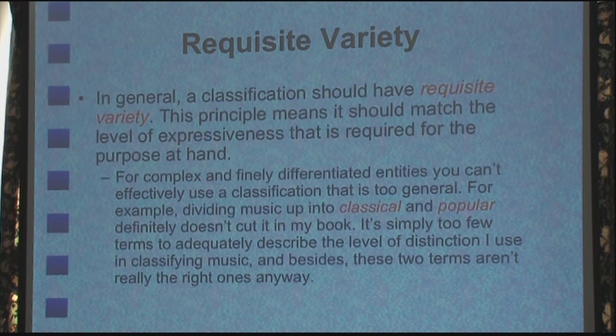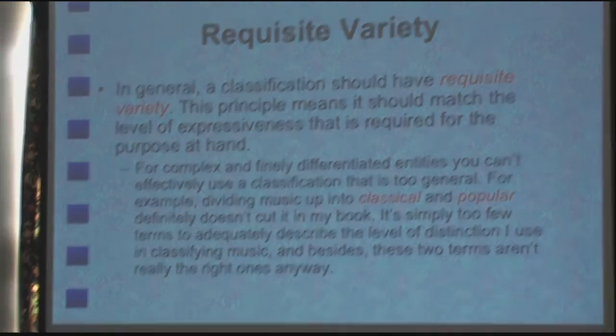So here's a concept called requisite variety, which is tied to expressiveness, which means that if you've got a phenomenon and it's complex, the classification that is used to classify it has to be appropriately complex. So if you've got a phenomenon that's simple, you need a classification that's pretty simple. In other words, making a complicated classification for a simple concept is not necessarily good, and vice versa.